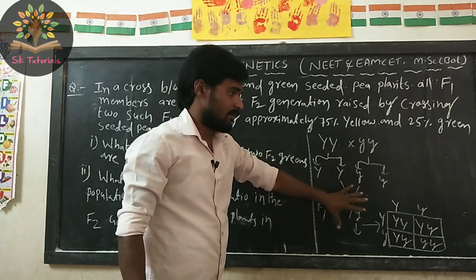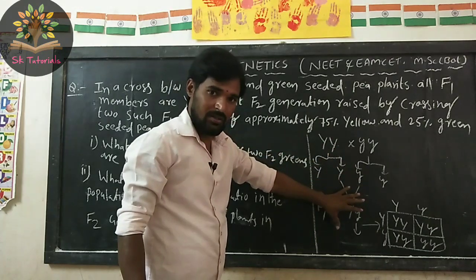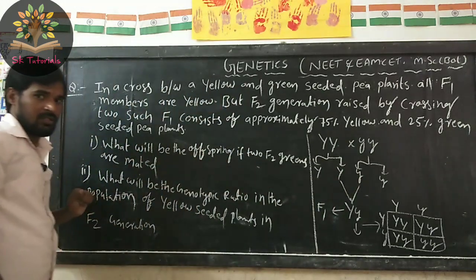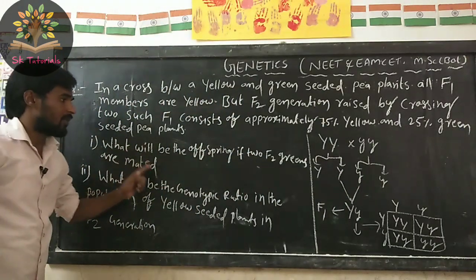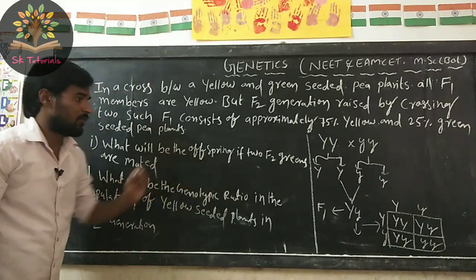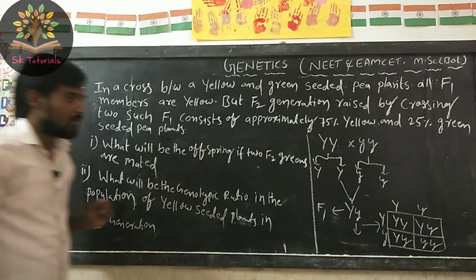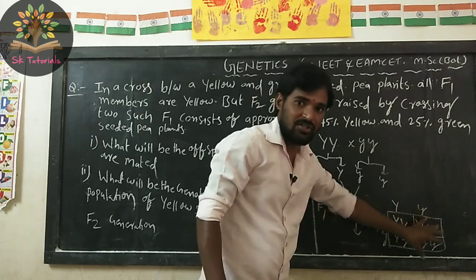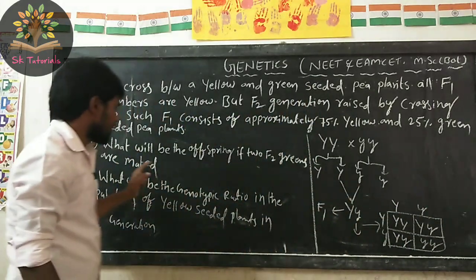Based on this procedure, he asked 2 questions. See, what will be the offspring if 2 F2 greens are mated? F2 means this is the F2 generation of plants. Here, what did he ask?